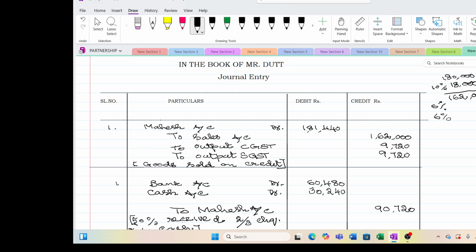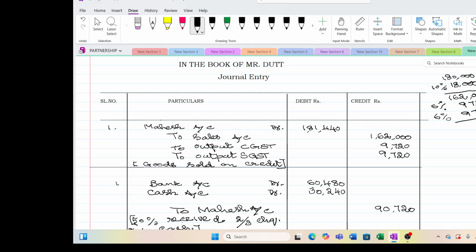That comes to 9,720, and this is also 9,720. Whenever goods are sold, the customer is charged. Always the tax is payable by the customer, the ultimate consumer. You understand that?